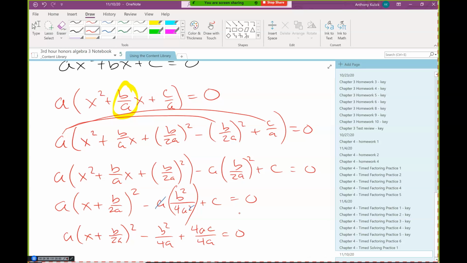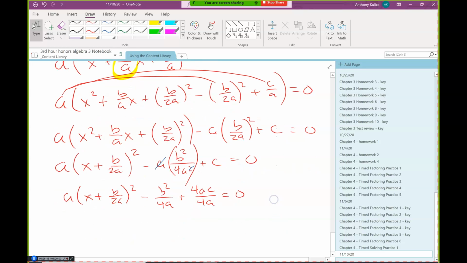I'm now going to move this stuff over to the other side and write it with a common denominator, or write it as a single fraction, I guess I should say. So far, so good.